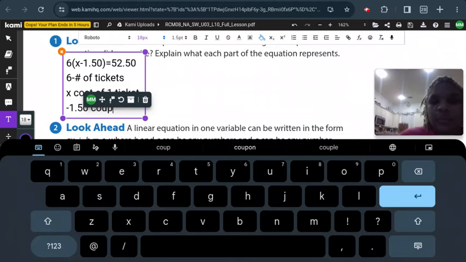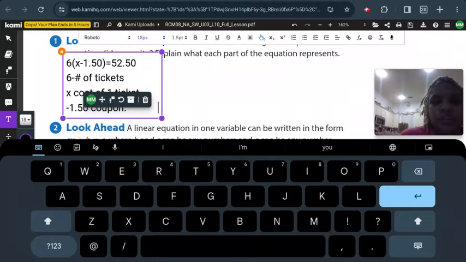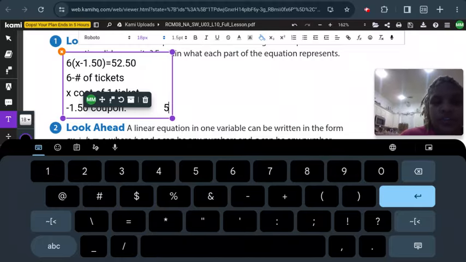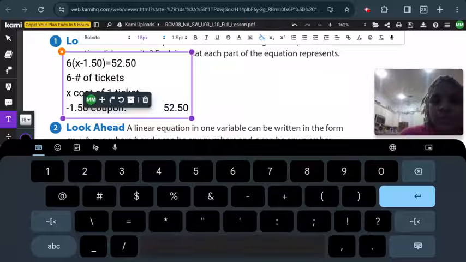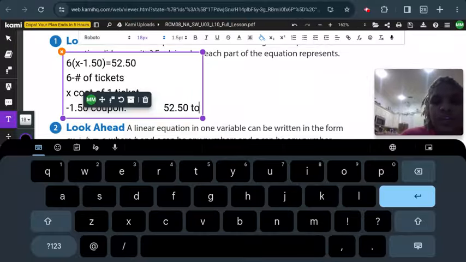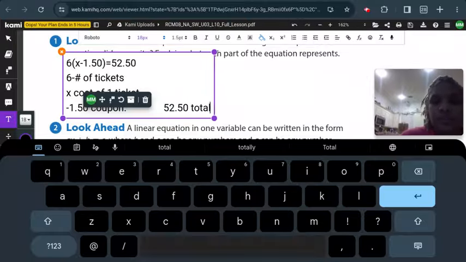We got to know what the parts of the equation mean. And the last part that we didn't have shown was $52.50, which is the total paid for all 6 tickets.